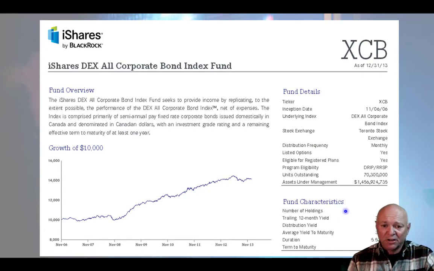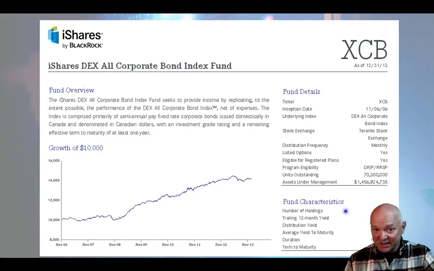Essentially it's a corporate bond index that is replicated by this particular company by directly buying bonds where they're available. That's not always possible because bonds are not as liquid as stocks. Some bond issues are not available to purchase, and so the fund manager here has to try to replicate the movements in the corporate bond index by buying available bonds.